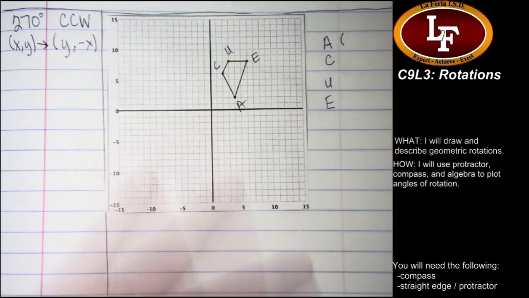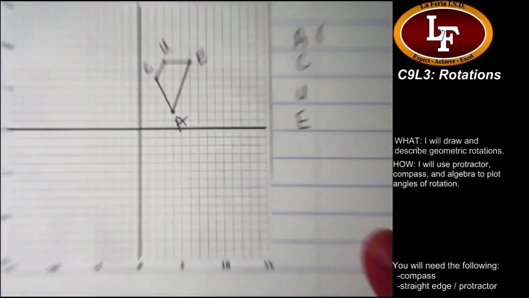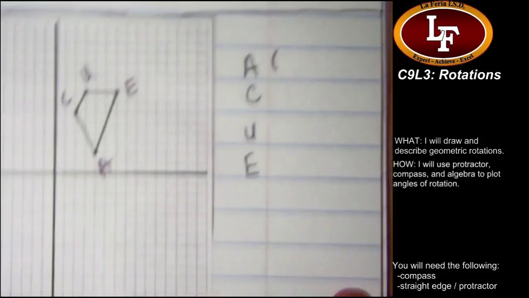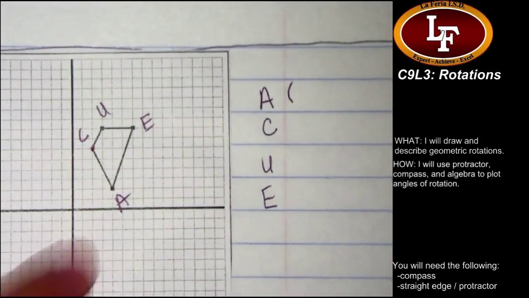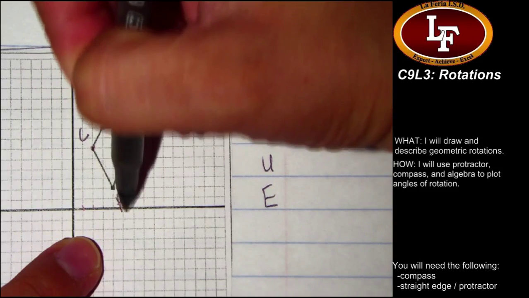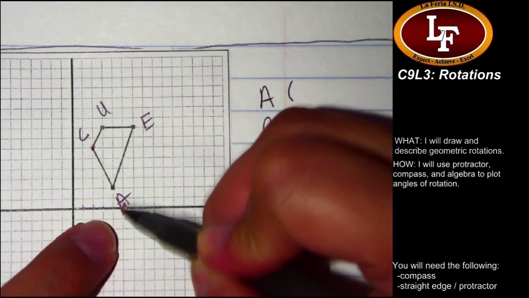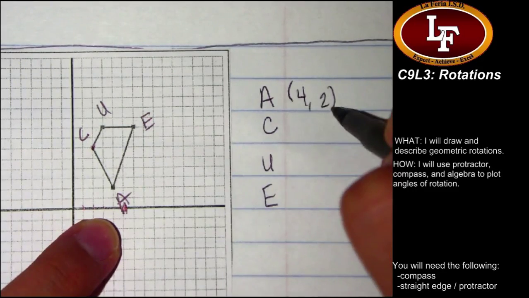All right, this one I wasn't given the coordinates, so I'm going to have to count. I'm going to zoom in to make it a little easier to see what I'm doing. Each one of these little squares is worth 1. 1, 2, 3, 4, 5. So A is on 4, 2.